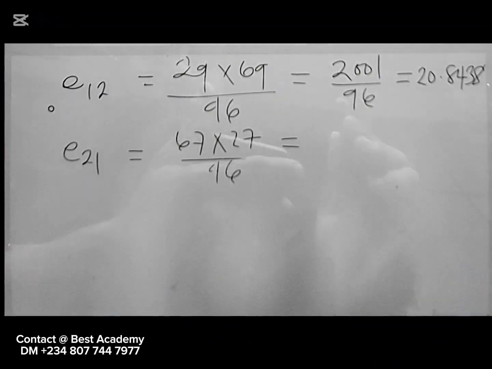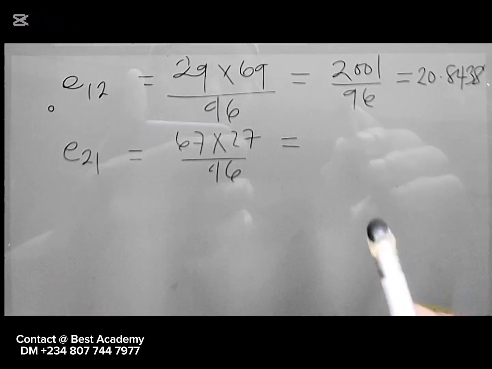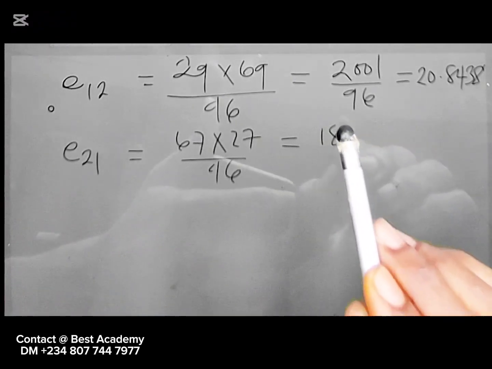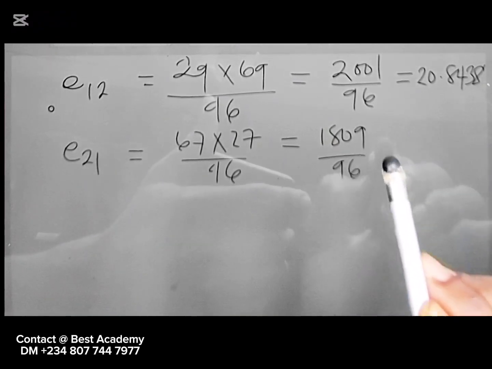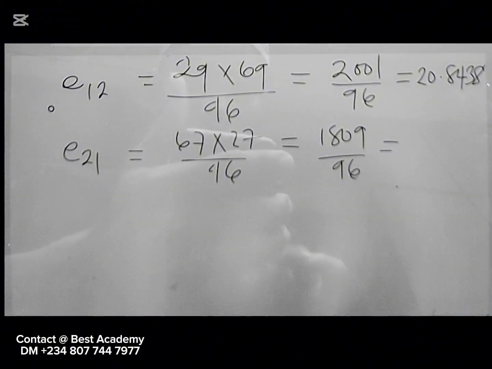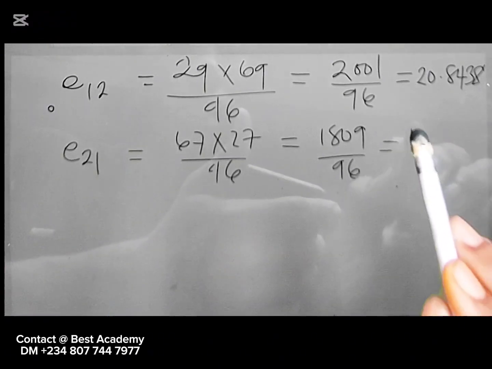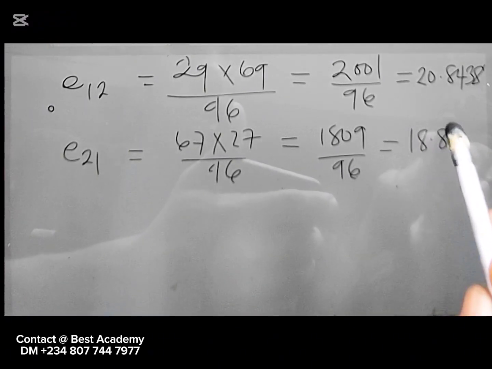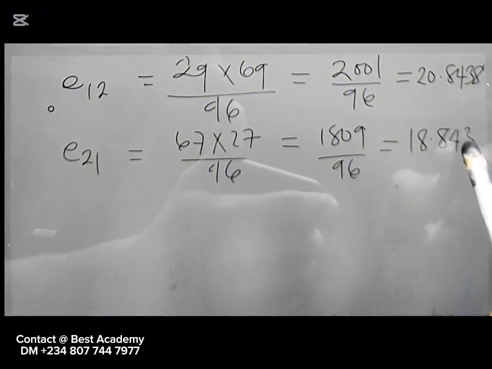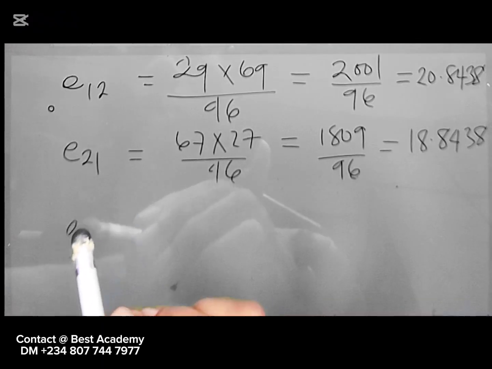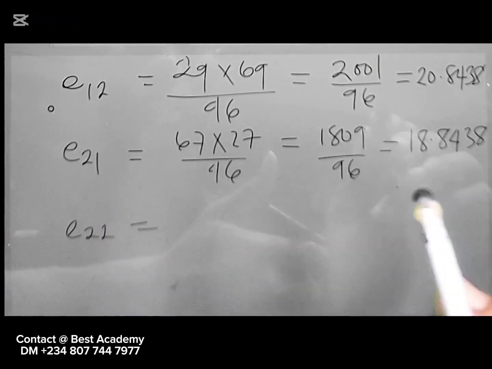So 67 times 27 is 1809, divided by 96, and we have 18.8438.